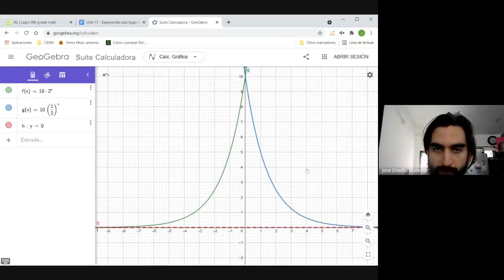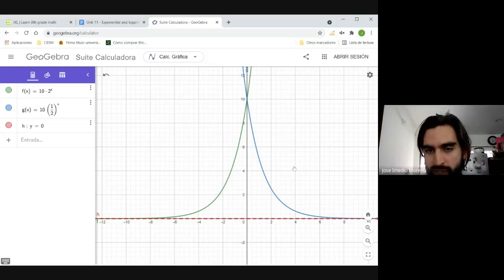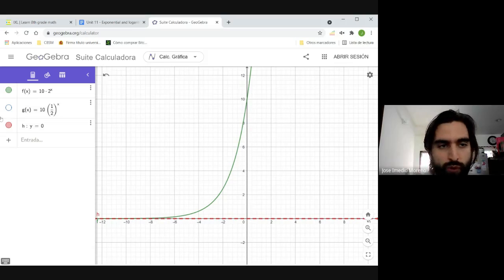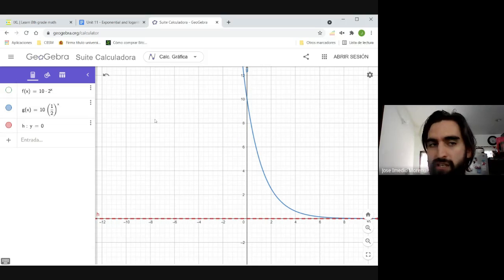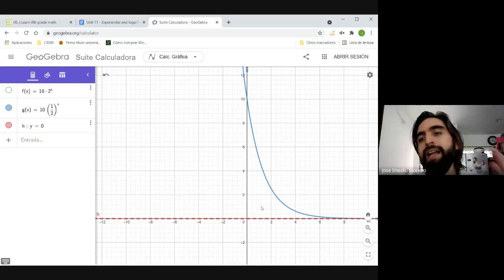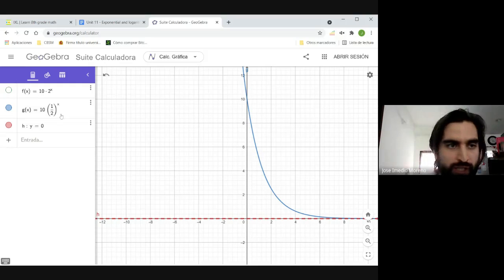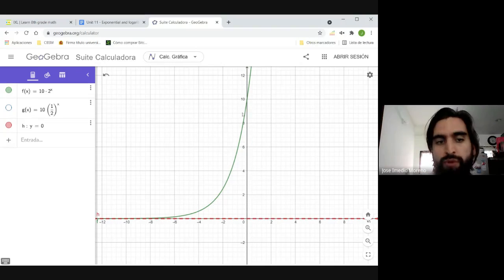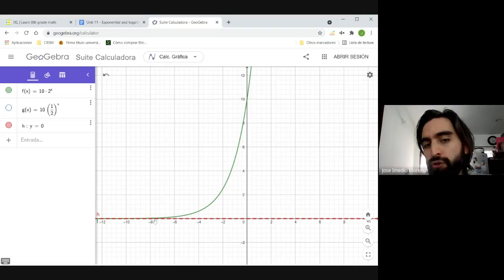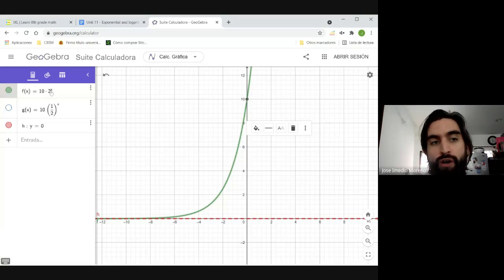So one important characteristic about exponential functions, even if it's an exponential growth or if it's exponential decay, it's the same. We are always going to have a horizontal asymptote in an exponential function. So in the case of exponential growth, we will come from minus infinity approximating this asymptote, and then we will start growing exponentially, and we will cross the axis at this value, the y-intercept.